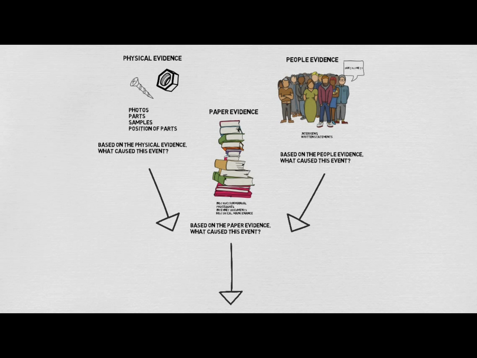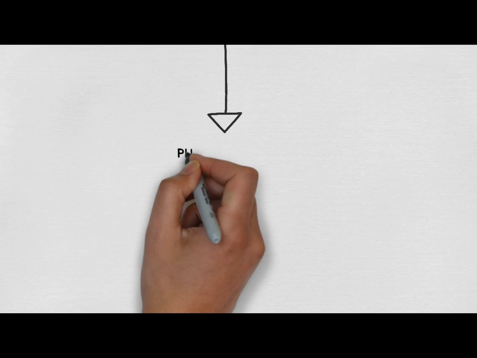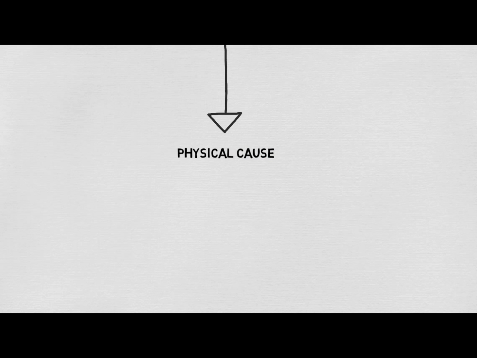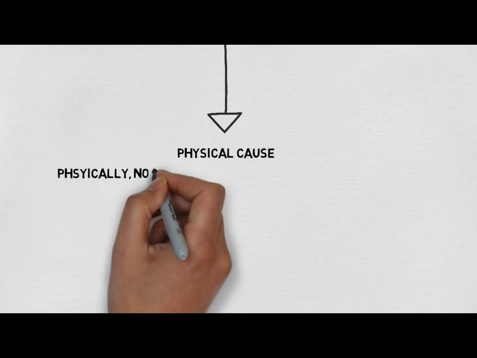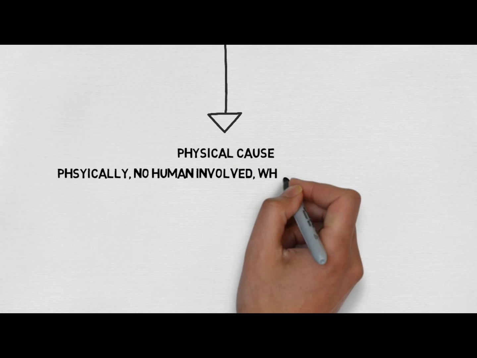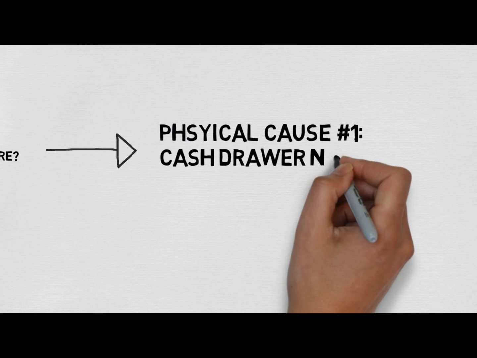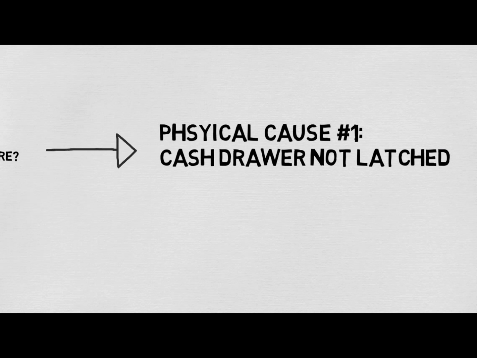And then you can conclude the physical cause, which is what physically happened here. Do not mention anything about the human. An example could be the cash drawer was not latched.